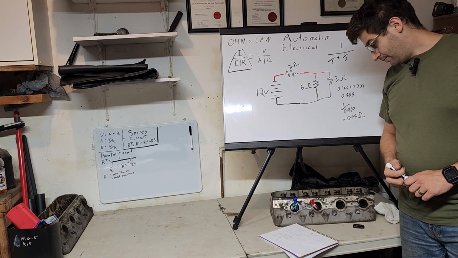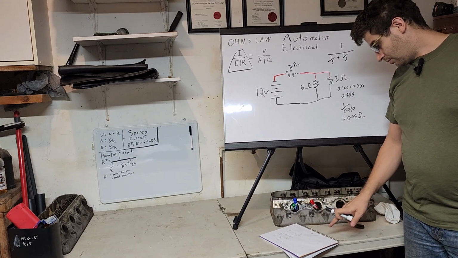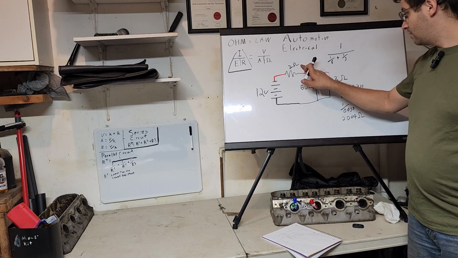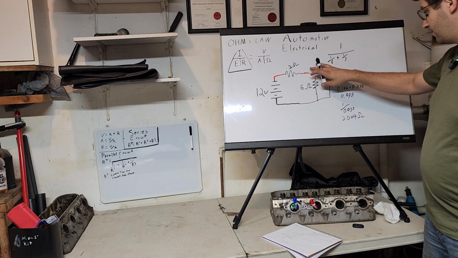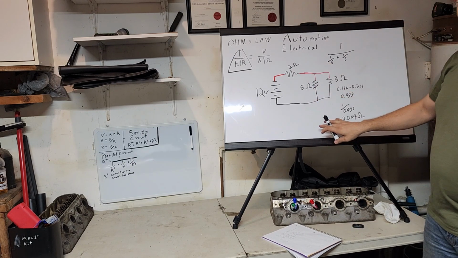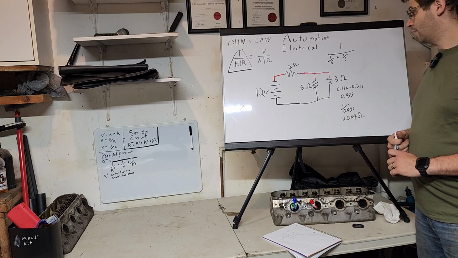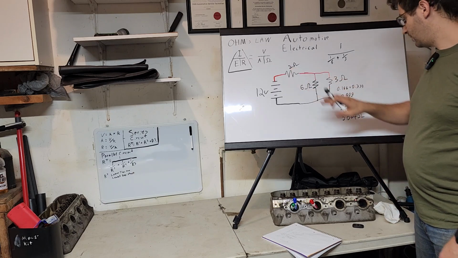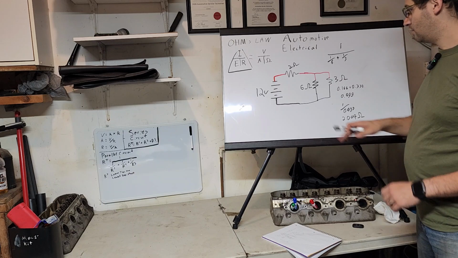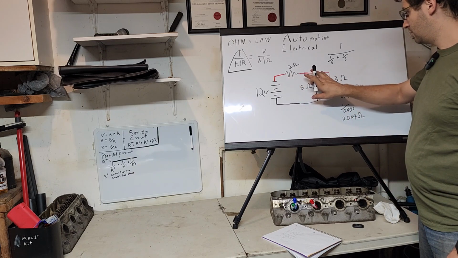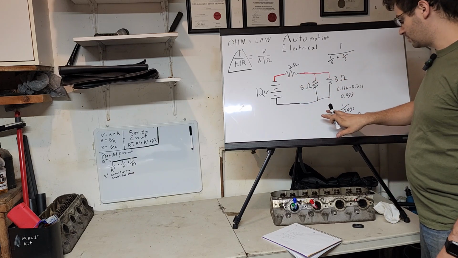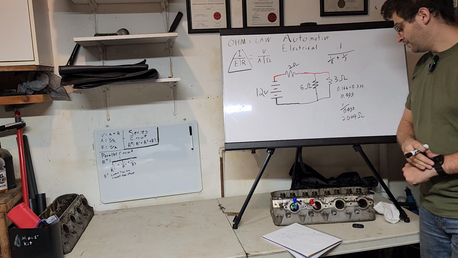So, we're going to add, you still have to calculate the parallel branches all together, and then add in your series circuit after you've got your parallel branches calculated in.